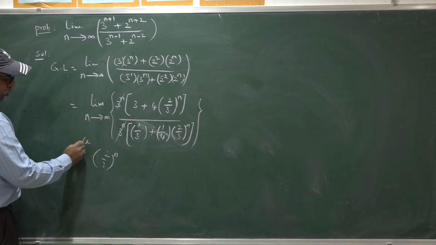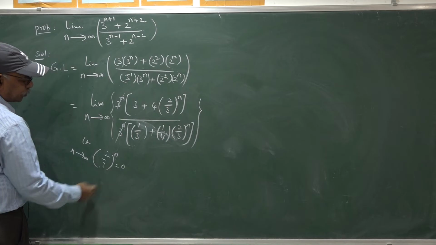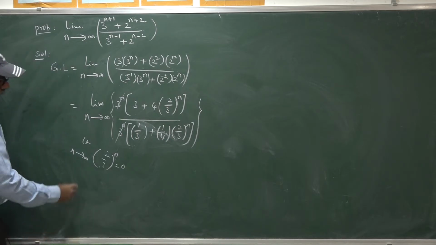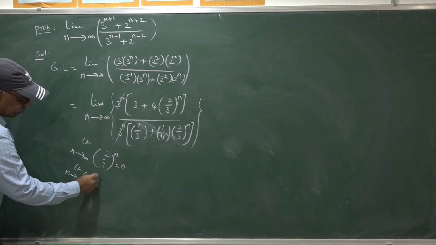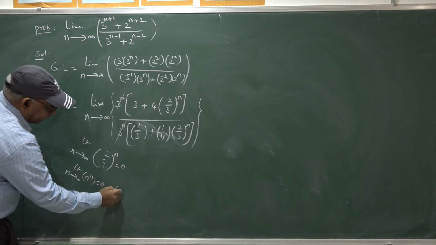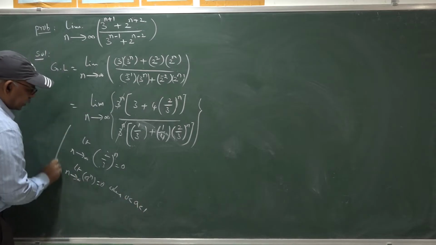As n goes to infinity, 2 by 3 whole power n is always 0, because limit as n goes to infinity, a power n is 0 when a lies between 0 and 1. This is our concept.